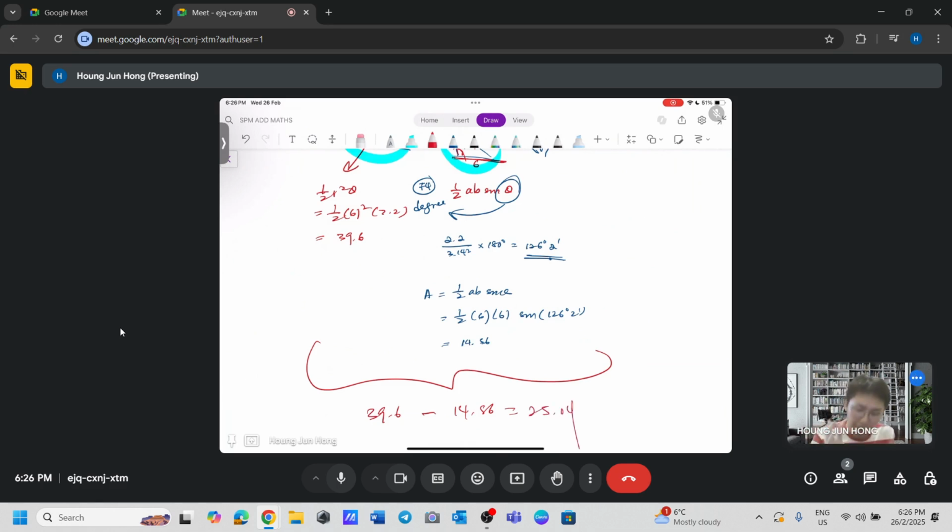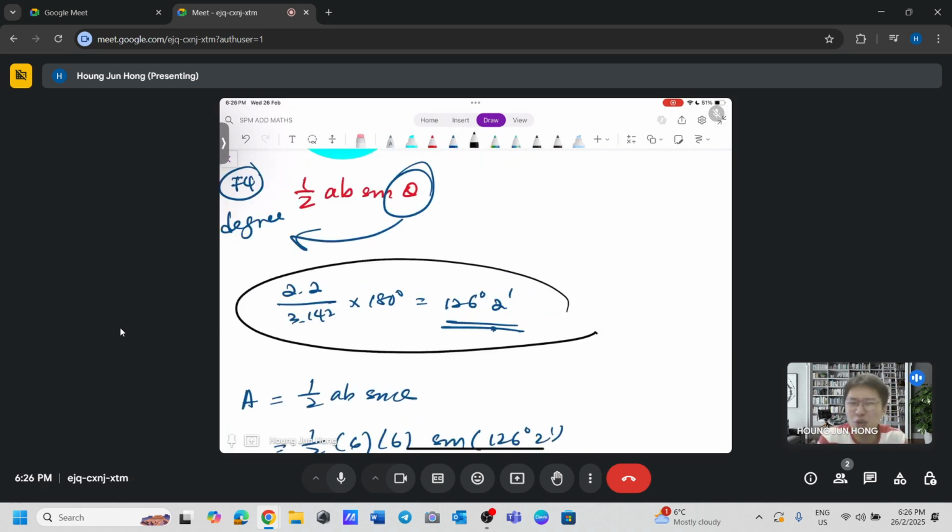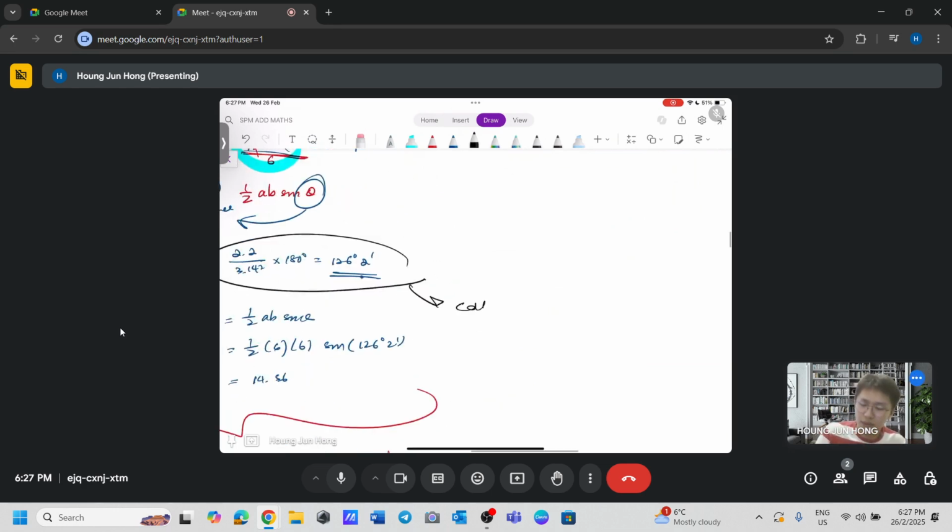Okay, that's it. By the way, just a little bit of an alternative method over here. If you don't want to do this conversion, what you can do is change your calculator's angle setting. Go to your calculator, go to setting, and you should be able to change it. For now your calculator is in degree, and we don't encourage you to change to radian because it will be confusing for you as a student.